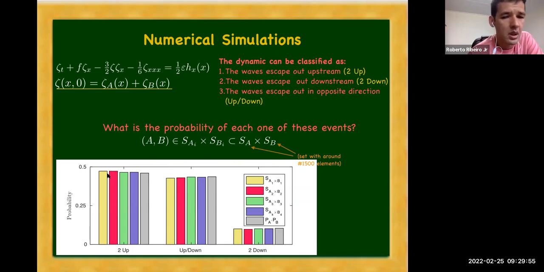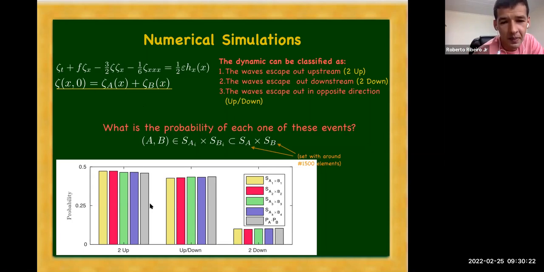But the most important information given by this picture is this gray column here. This gray column represents the probability if the dynamics of the waves were independent of each other.